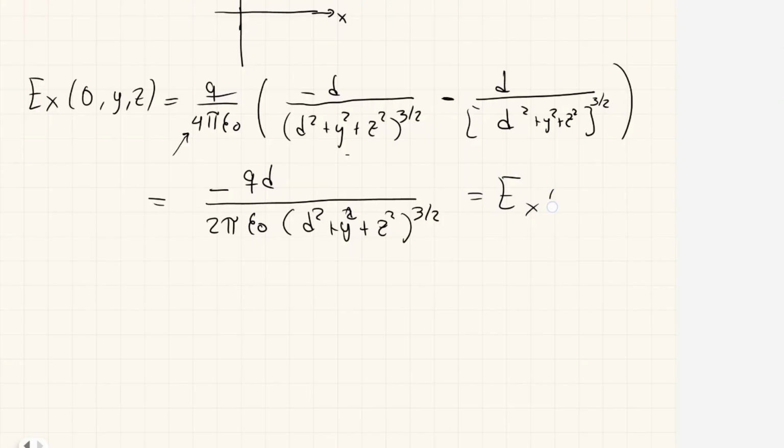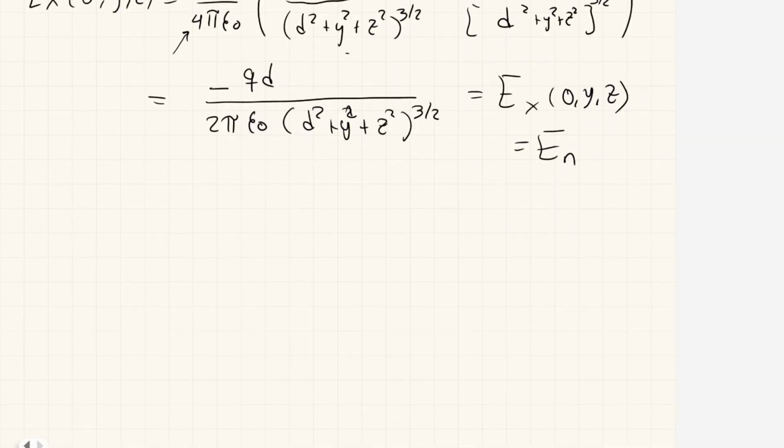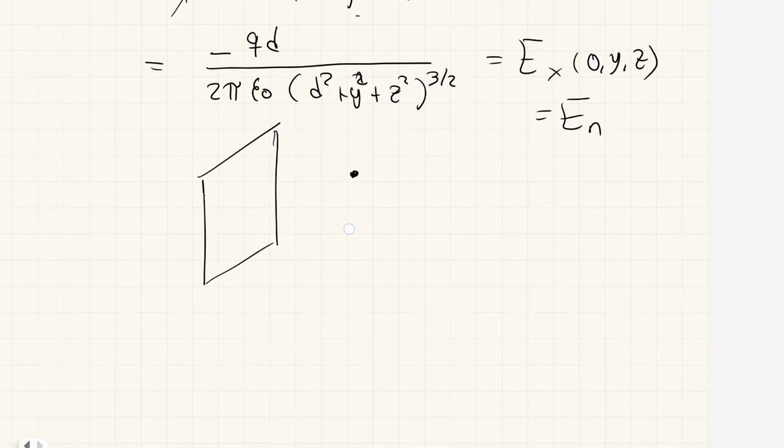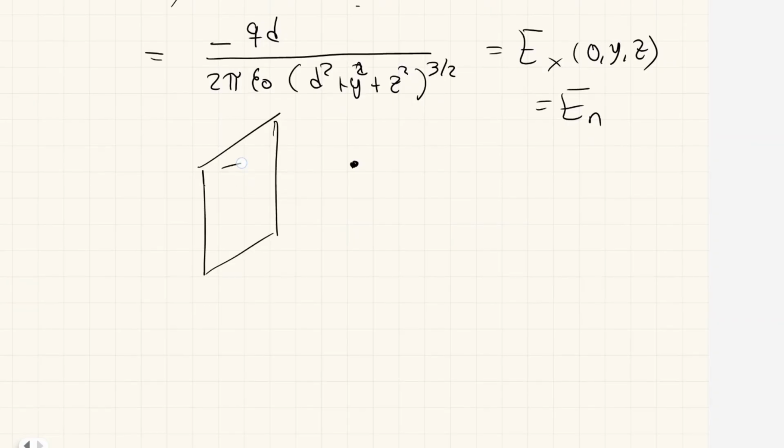Ex evaluated at 0, y, z is the normal component of the electric field. Perfect. And remember that there is a very famous result in electrostatics that says that the electric field due to a conductive infinite plane at a certain point P can be calculated as E equals sigma over epsilon 0, okay?